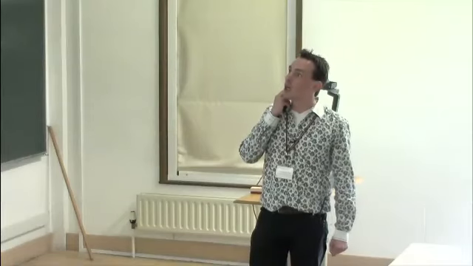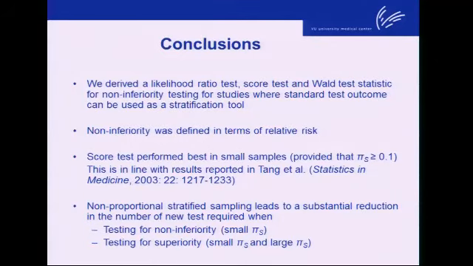So to conclude, we've derived 3 different tests for testing non-inferiority using a design which uses stratified random sampling based on the outcome on a standard test. We used a definition of non-inferiority in terms of the relative risk. The score test performed best in small samples, which is also in line with results reported in this study.